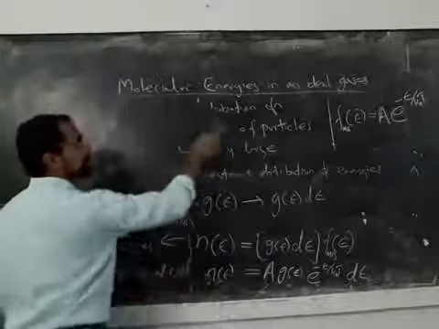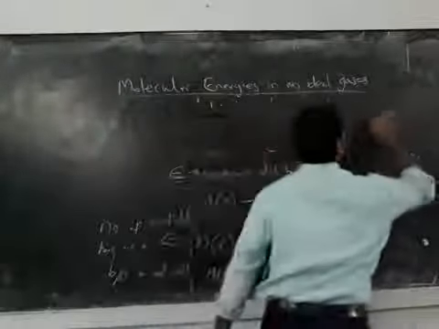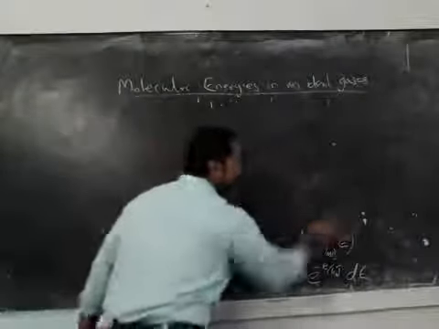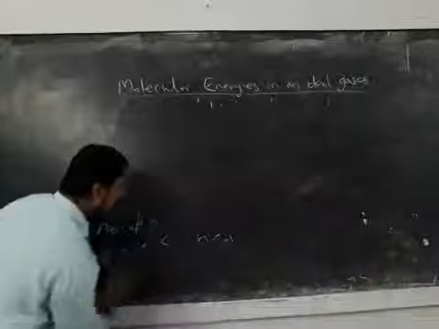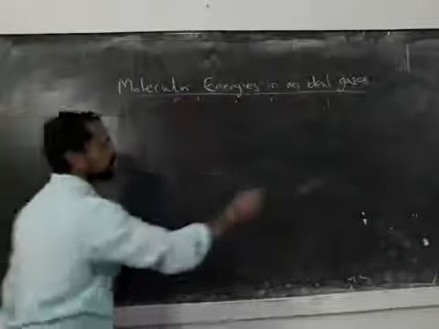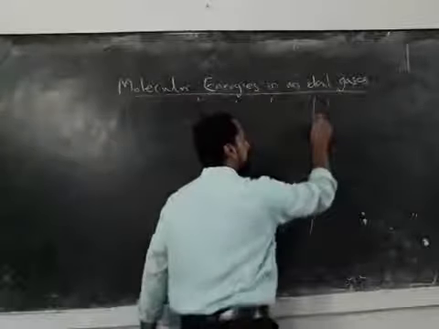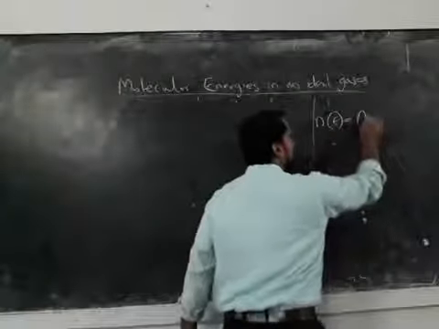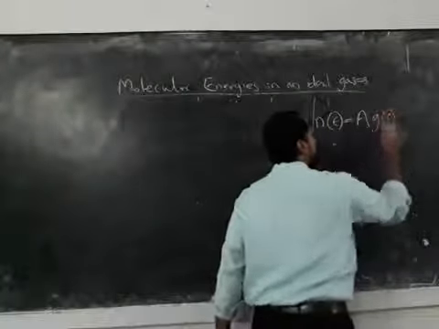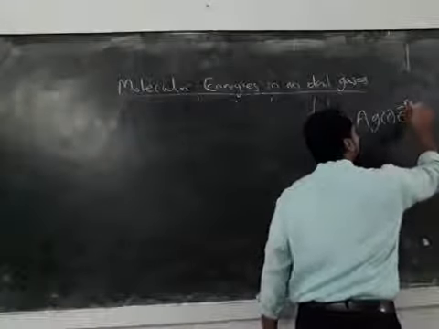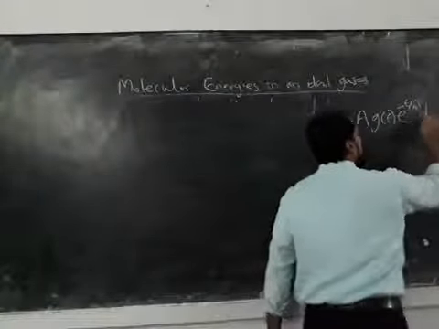So the number of particles having energies between epsilon and epsilon plus d epsilon is n of epsilon equal to A g of epsilon e raised to minus epsilon by kBT d epsilon.